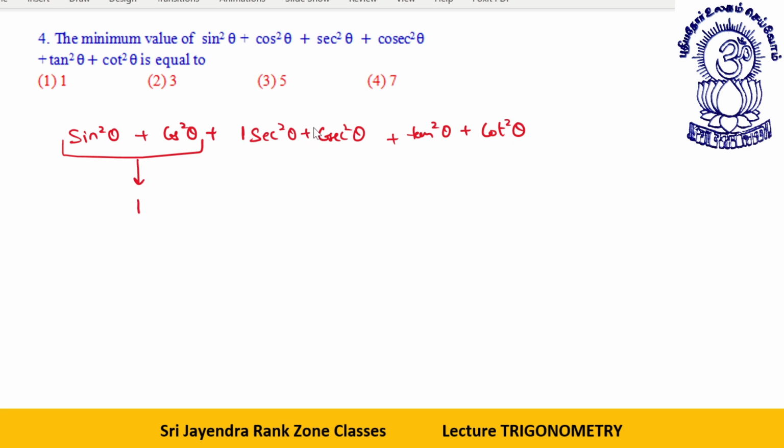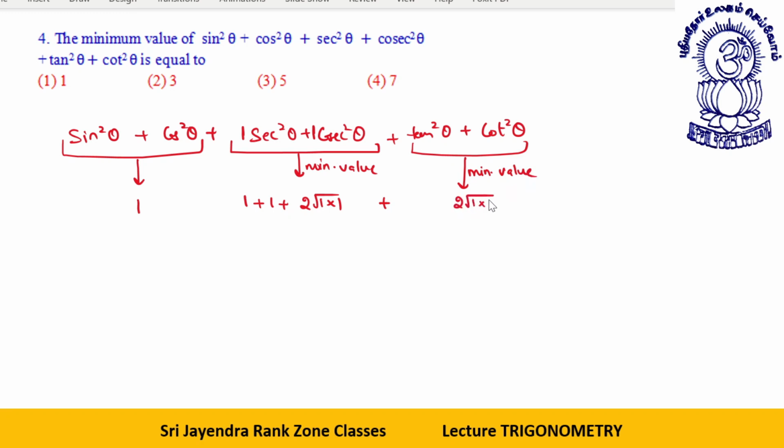Then sec square theta plus cosec square theta, the minimum value is 1 plus 1 plus 2 into under root 1 into 1. Then tan square theta plus cot square theta, the minimum value for this particular portion is 2 under root AB.